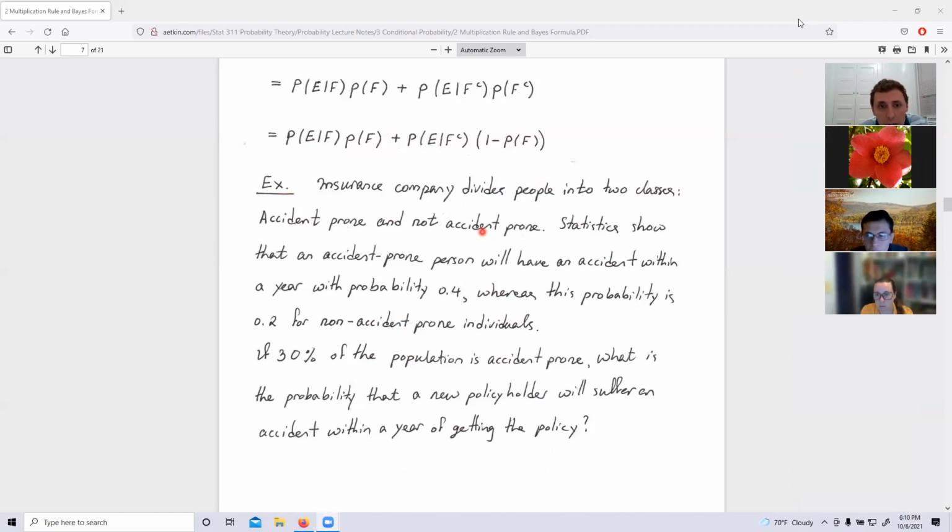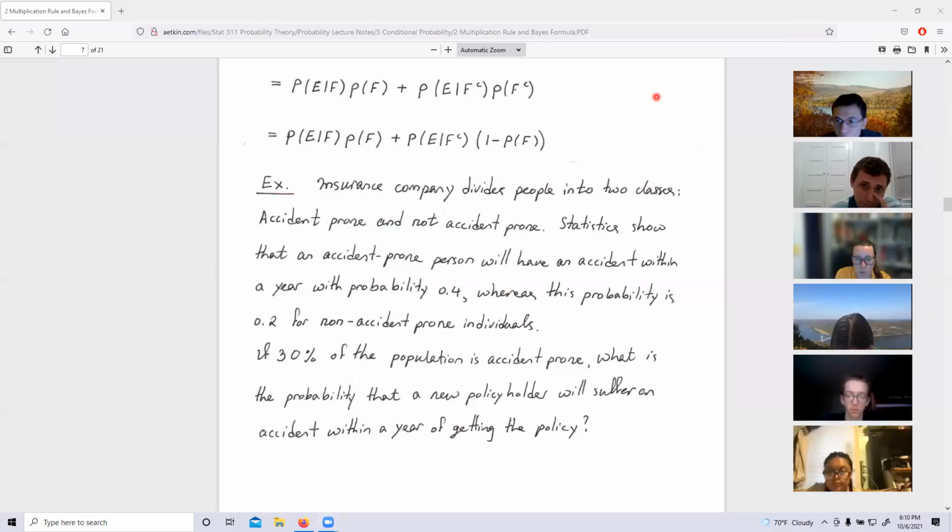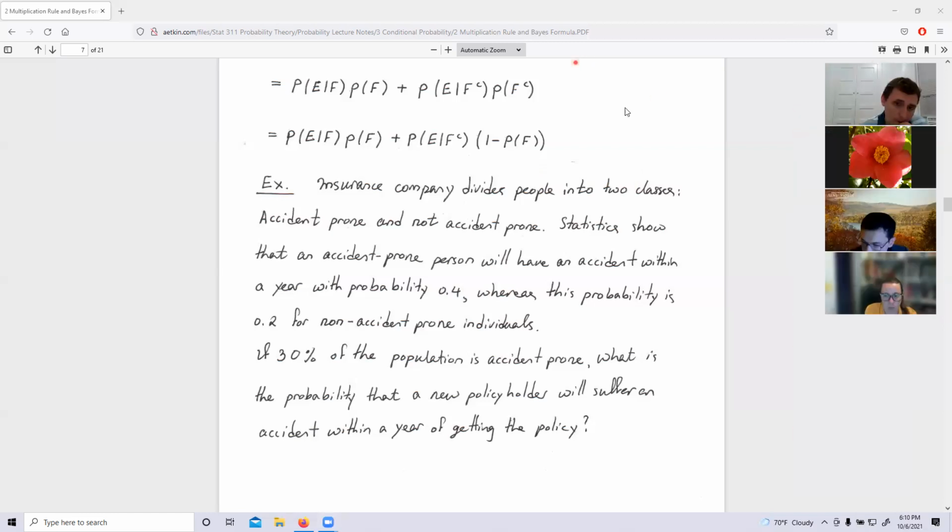For accident prone, the probability is 0.4, I think, right? 0.4. And 0.2 for non-accident prone.